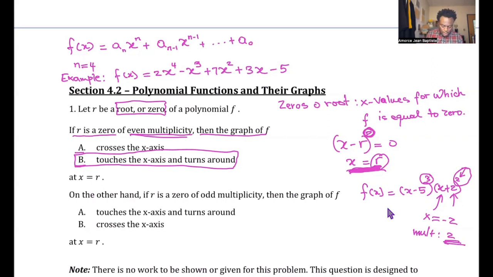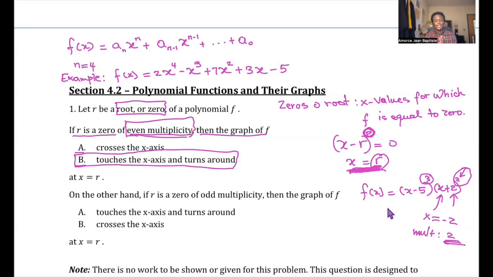And then another situation. Remember I told you that there were 2 situations, right? One, you can cross the x-axis, and one, you can touch the x-axis and bounce. The one where you touch the x-axis and bounce is when the multiplicity is even.